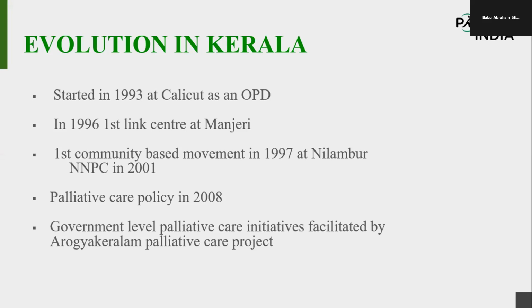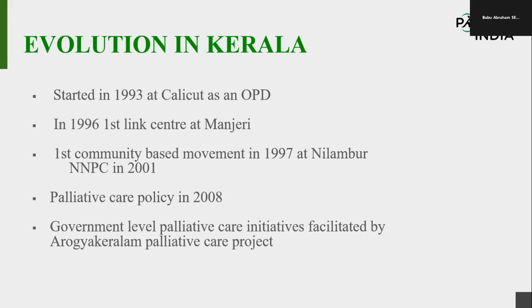Then you may know that the palliative care policy was initiated in Kerala. The Kerala model provides a feasible, achievable vision of palliative care covering all patients, all settings, and all diseases.